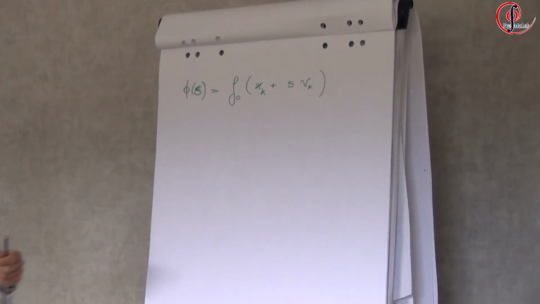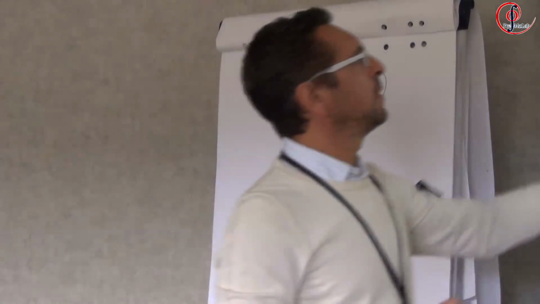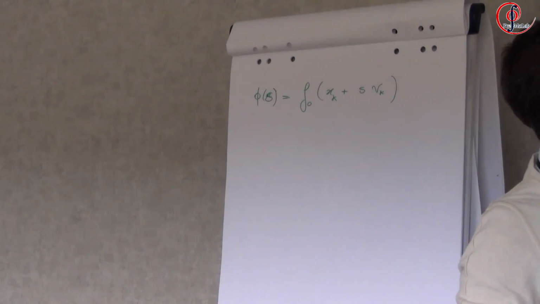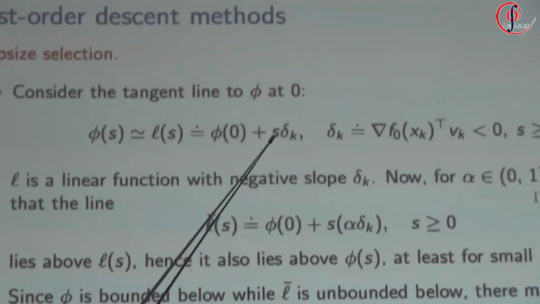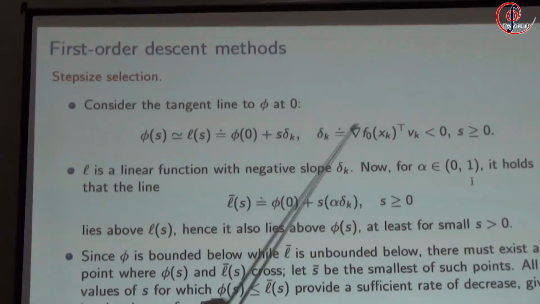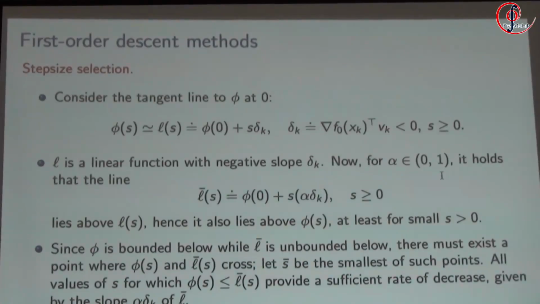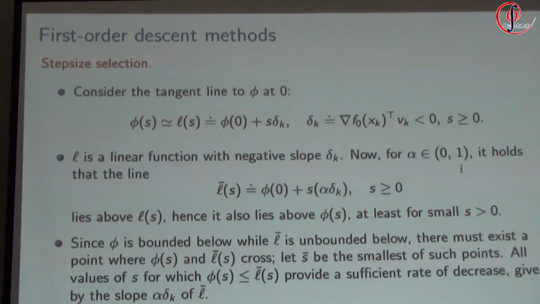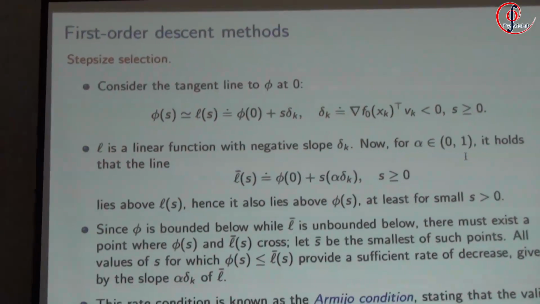What we do is we compute the tangent line at 0 of phi of s, and I call it L of s. L of s is phi at 0 plus s delta k, where delta k is this quantity here, which I choose negative because I'm doing a descent algorithm. So this L is just the tangent line of phi at 0.